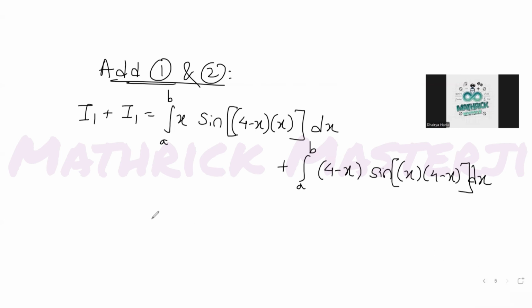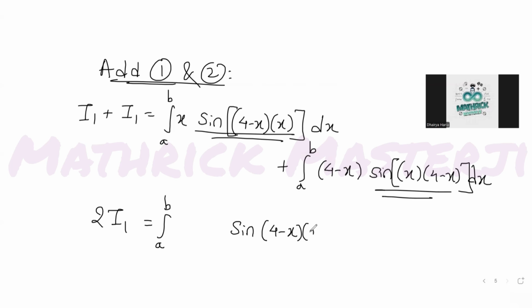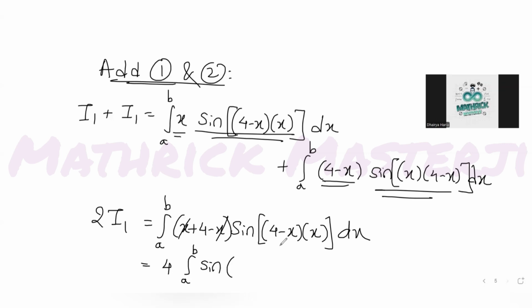So I get 2I1 as the integral from a to b of sine of (4 minus x) times x, which is the same in both. Here I am adding x plus 4 minus x, so x and x cancel. I get 4 out, and the integral from a to b of sine of (4x minus x square) dx.